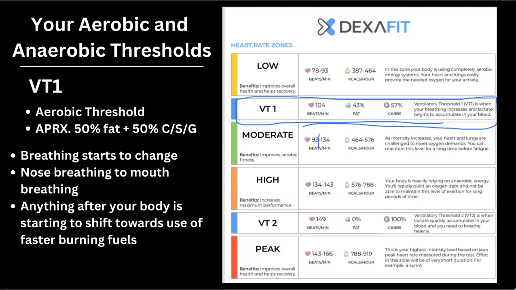If you can do the intensity while only nose breathing, you are likely just under your aerobic threshold. If you need to breathe every now and then through your mouth, you are likely crossing this aerobic threshold.